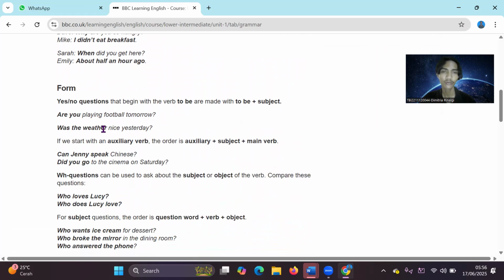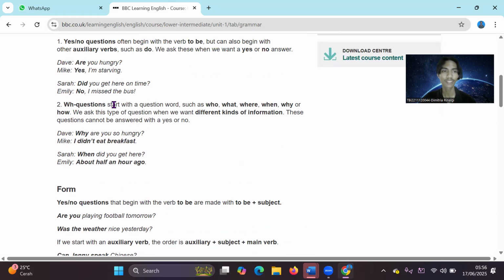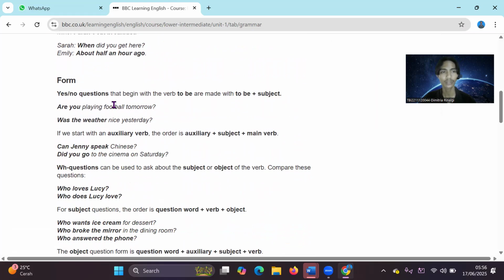And then for the form of these two question types, yes/no questions begin with the verb to be, or to be plus subject. For example, are you playing football tomorrow? Was the weather nice yesterday?